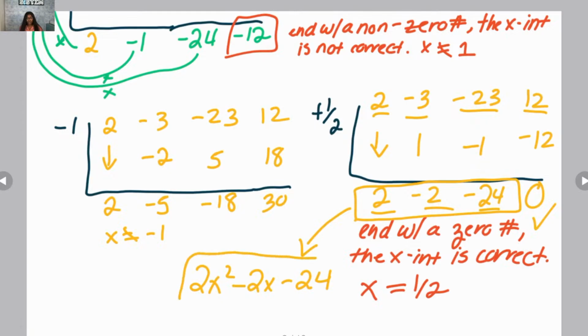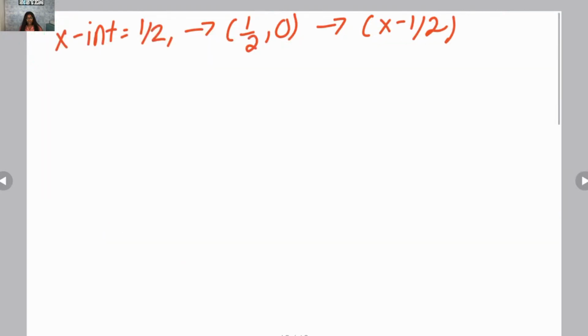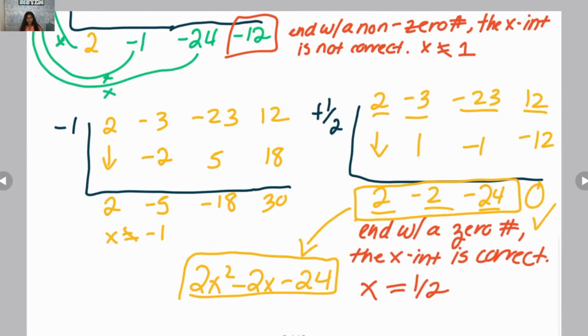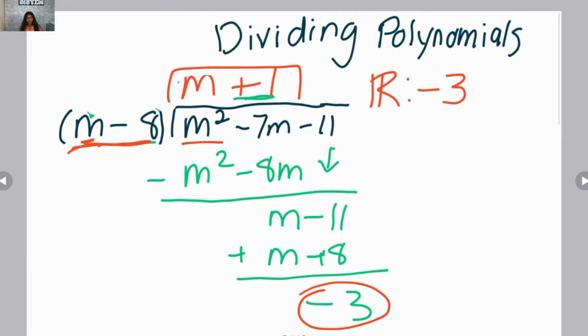So this is actually your quotient. So if we go to the next page where I have this x minus 1/2, you could also say that we have an answer. When we multiply this, we get our full polynomial. I wouldn't stress too much about that. I just want you to know how you get the quotient from synthetic division. Because in long division, we had to do a bunch of math to find the quotient.